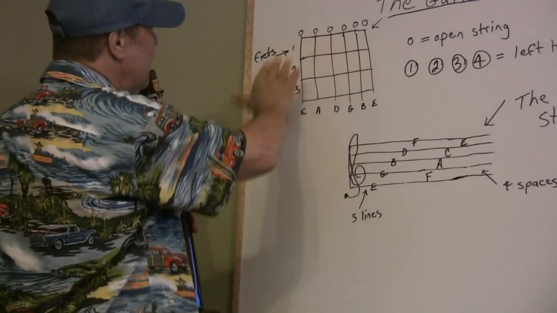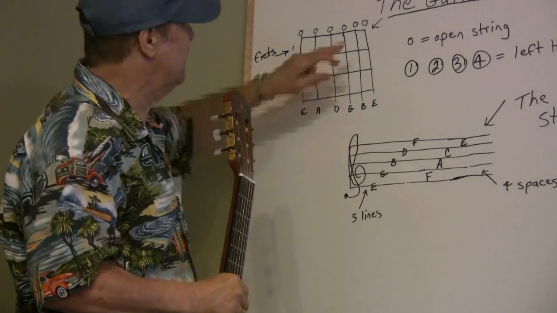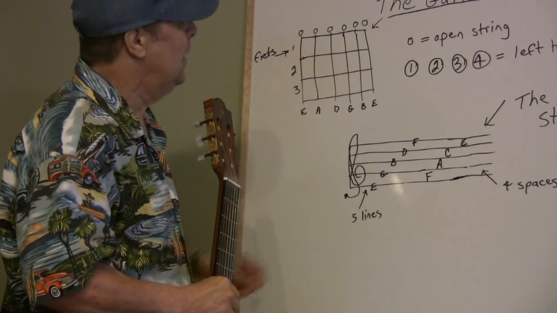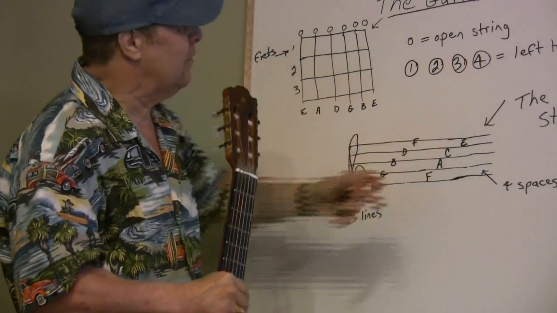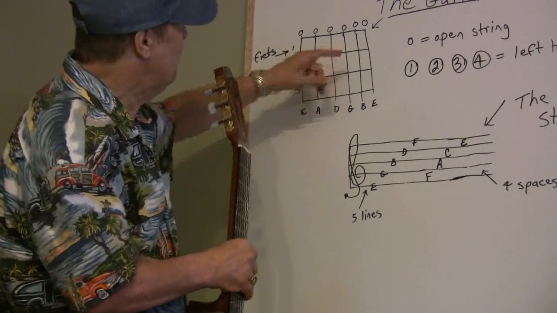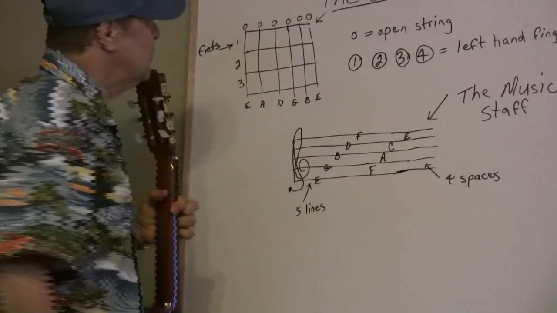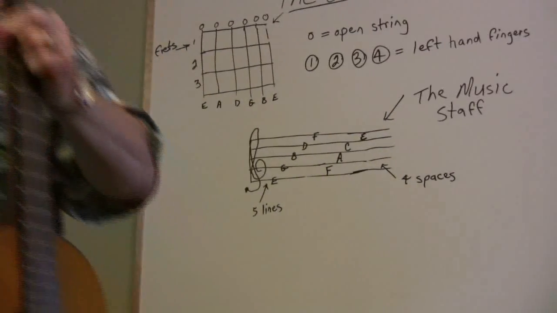Now, if we were to put fingers in behind the frets or near the frets, these are the left-hand fingers. This is finger 1, 2, 3, and 4.